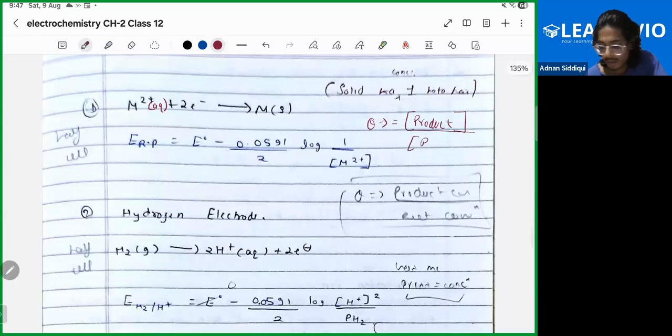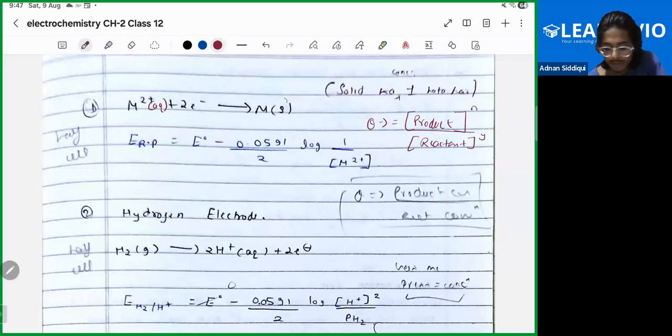divided by reactant concentration to the power of stoichiometry, whatever the stoichiometry is. Now, the important thing that you should remember, we are going to take only the concentration of aqueous entities. If we are given a solid or a liquid, then we will take the concentration as unity.